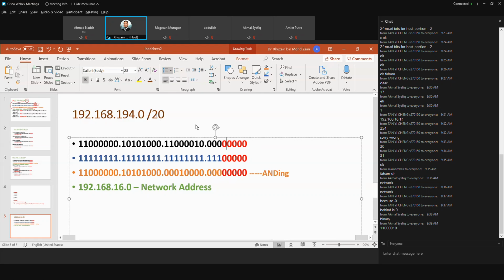The prefix length is 20 bits, right? Where is the 20th bit? 1, 2, 16, 1, 2, 3, 4. The rest is host. So from the look of it, when you have a 1 in the host portion, that is not the network address. That is the host address.